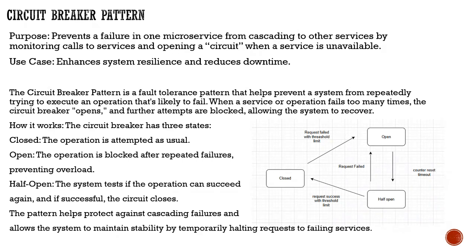If it succeeds, it closes the circuit, or else it waits again for some time. This helps with cascading failures and lets the system maintain its stability by temporarily halting certain requests.